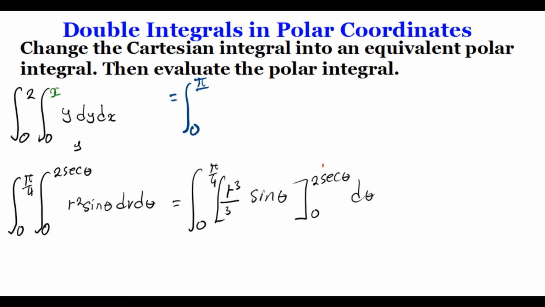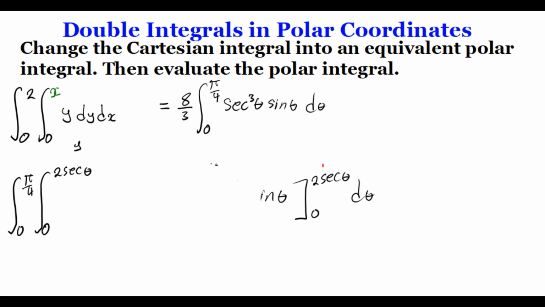So I'll say equals, because when I plug in 2 there, that's going to be 8. So I'll write 8 over 3, from 0 to pi over 4. Then here you're going to have sec to the third theta times sine theta d theta.